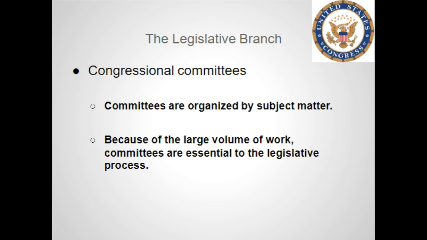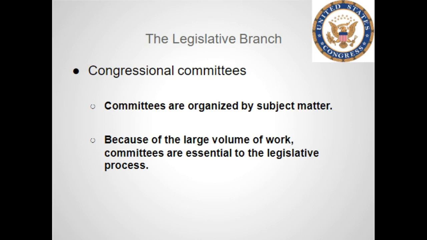So you divide and conquer. You sit on several committees, and you do the best you can to understand all the topics before you. In the House, it's a little harder because it's a mile wide and an inch deep of knowledge. In the Senate, it's a little easier because you're on fewer committees. And because of the large volume of work, committees are essential to the legislative process.